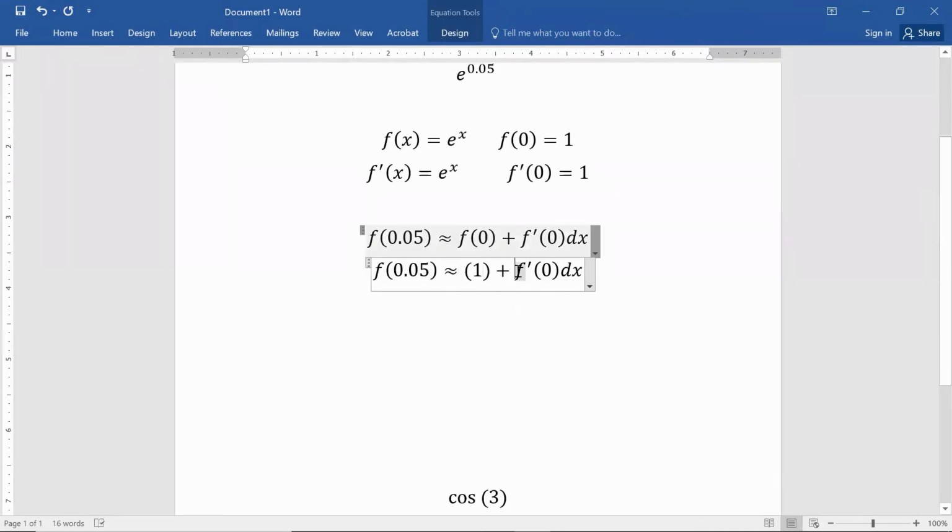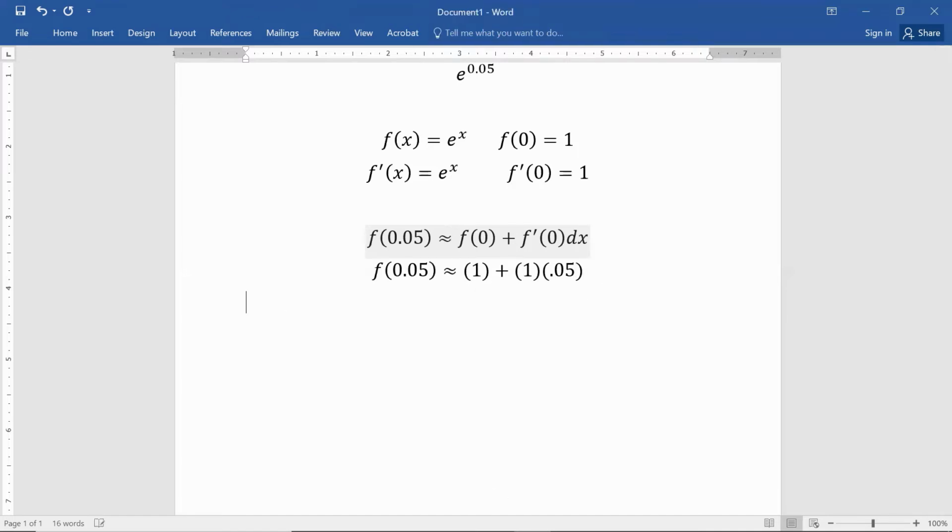F prime of 0 is also 1. And the differential dx, well, that is 0.05. We went from 0 to 0.05, so that's a positive 0.05 increase. If I take 1 plus 1 times 0.05, what you get is 1.05.